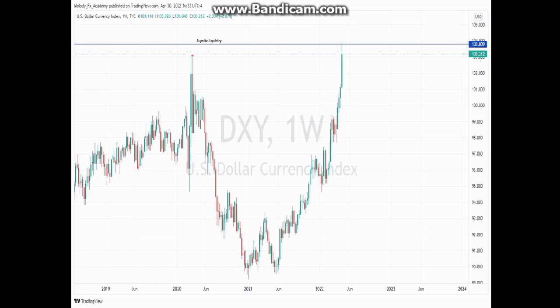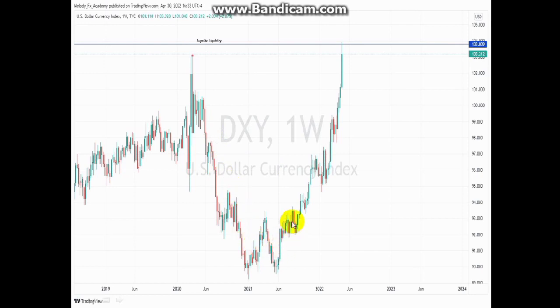In other words, the currency pairs that have the US dollar as their quoted currency. For example, the Euro USD, the Great British Pound USD, the Australian USD. Those three major pairs are going to do the exact opposite of whatever the DXY is going to do.